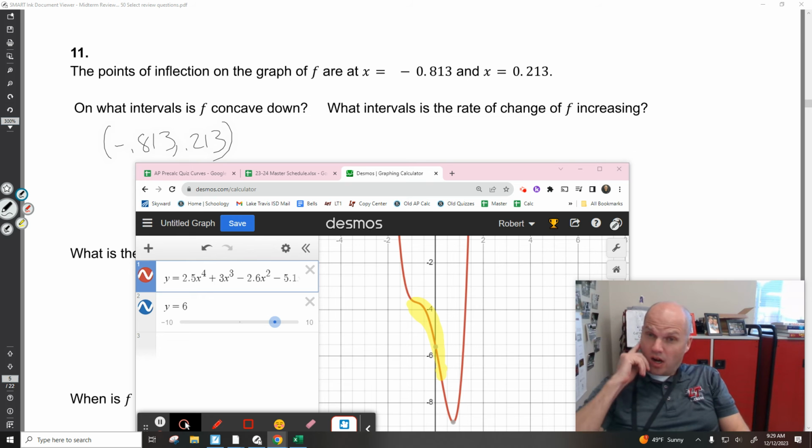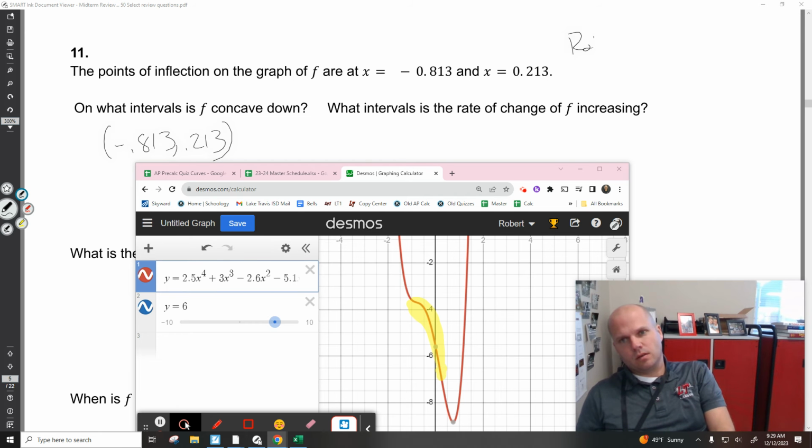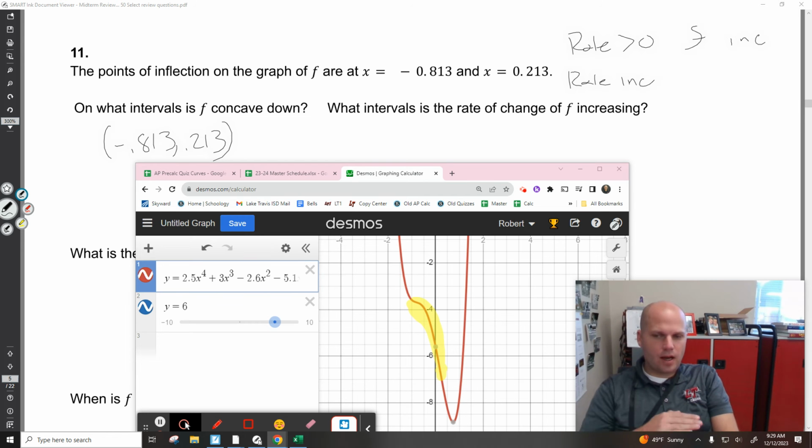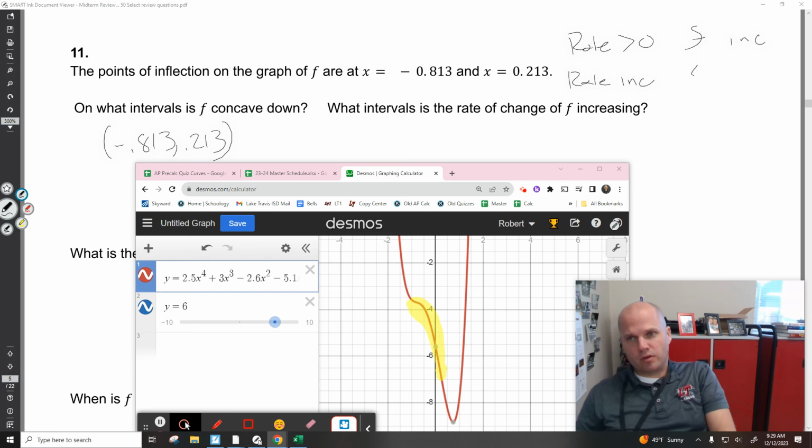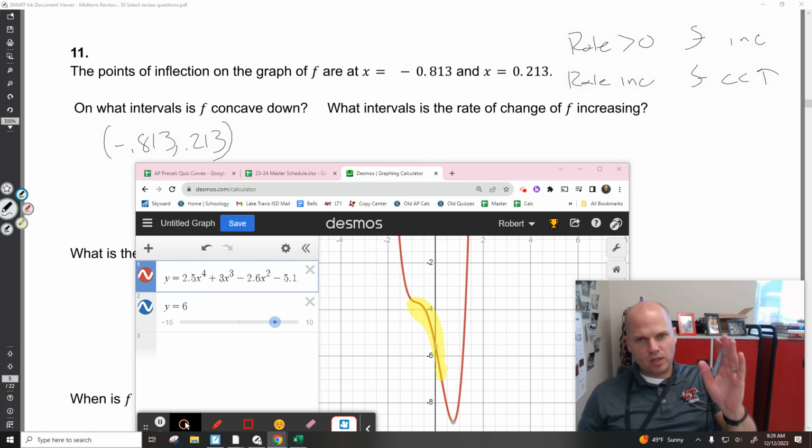What is the rate of change increasing? Now remember, if the rates are going up, slopes of 0, 1, 2, 3, 4, 5, my original function is concave up. It's confusing.